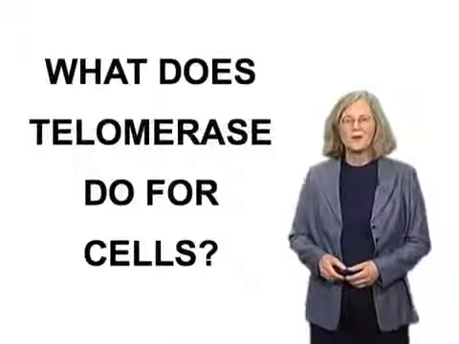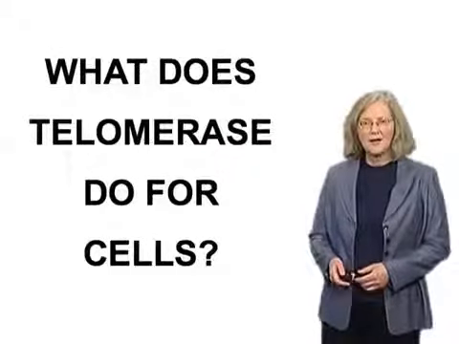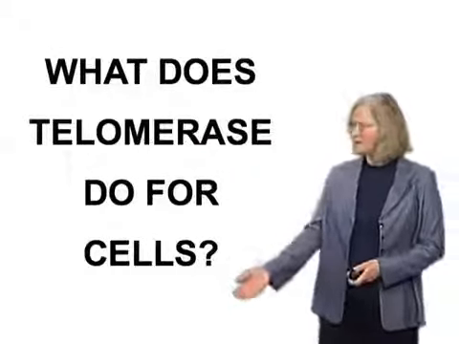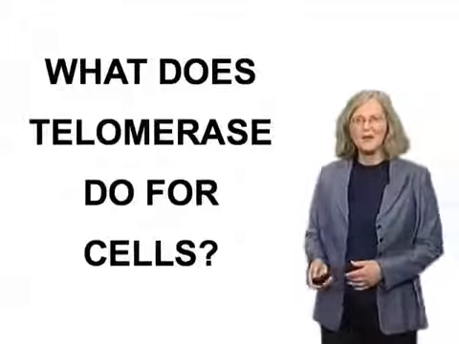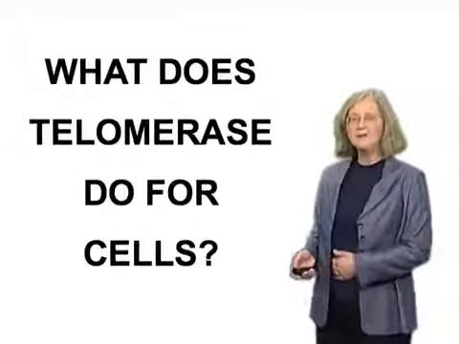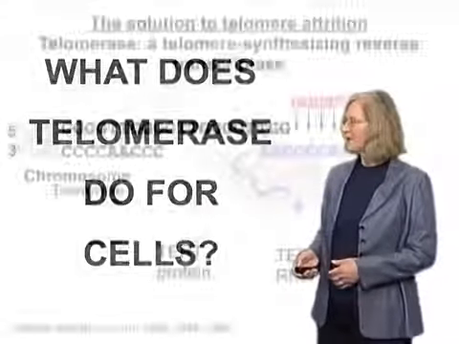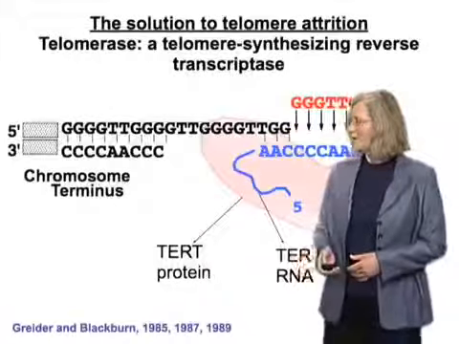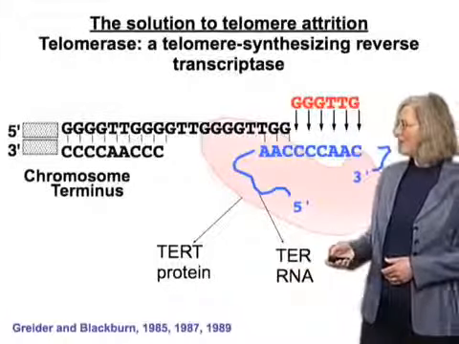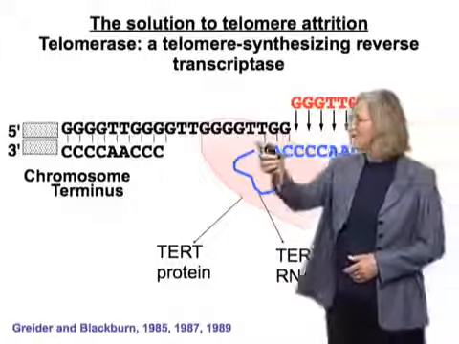I've told you about some of the enzymatic properties of telomerase, but what good is telomerase for cells? Well, the answer came by manipulating telomerase in Tetrahymena, the organism in which it was first discovered. So if you remember, telomerase is adding telomeric DNA to the ends of chromosomes.